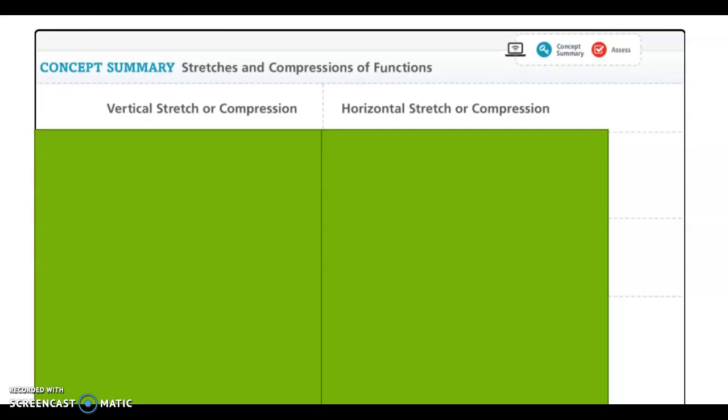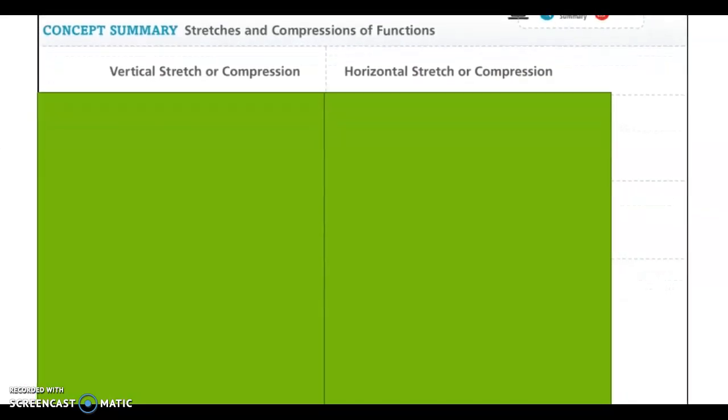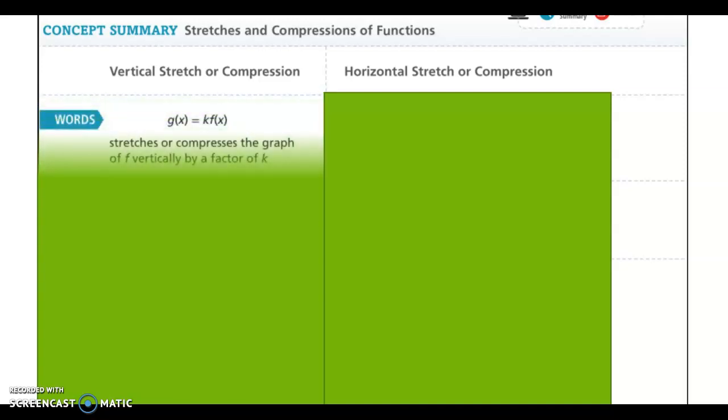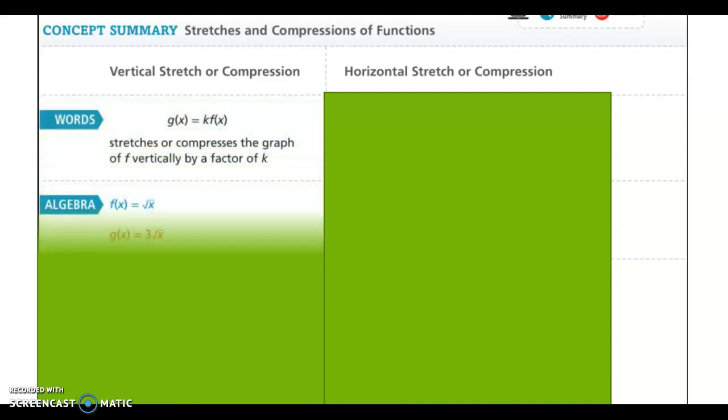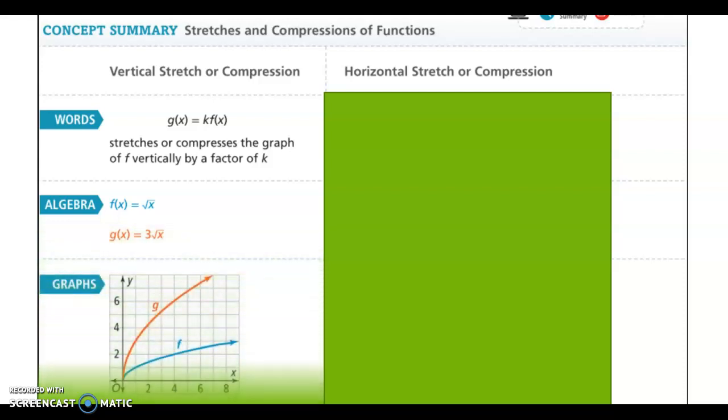I have a little summary. I'm going to pan back down. So here's a summary. We talked about vertical stretches or compressions. A vertical stretch is when you multiply the output by k, so you're multiplying the whole function by k. If you multiply by a big number, that pushes your graph away from the x-axis.